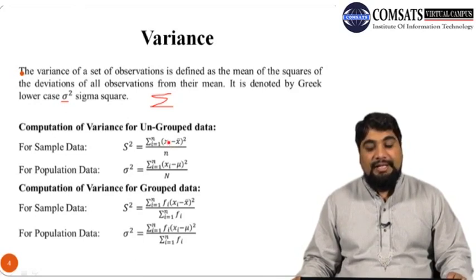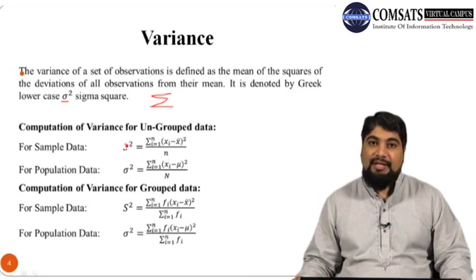Subtracting x bar from each observation gives us the deviation, and if we square it we get squared deviations. If we take the sum of these squared deviations and divide this sum by the total number of observations, we get the variance for sample data, and the notation is capital S with a square on it, S squared.